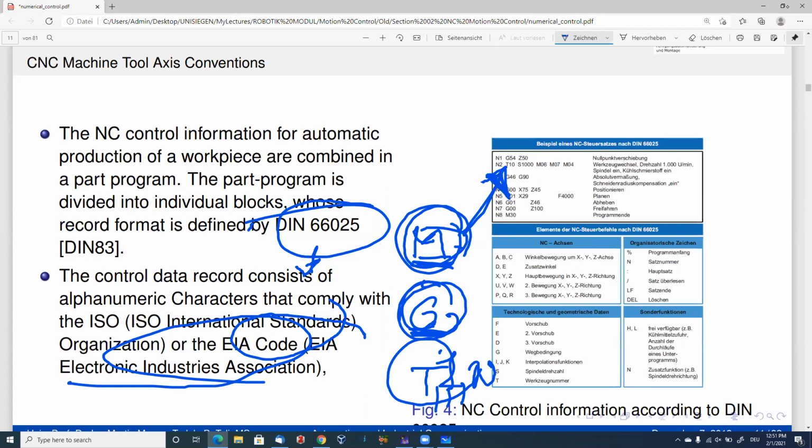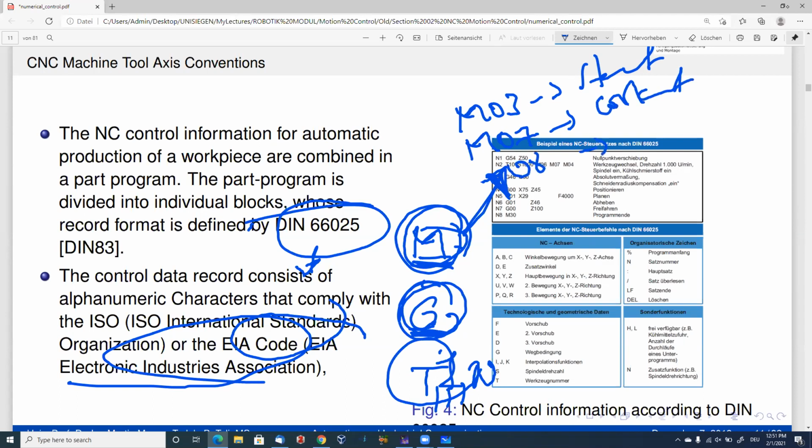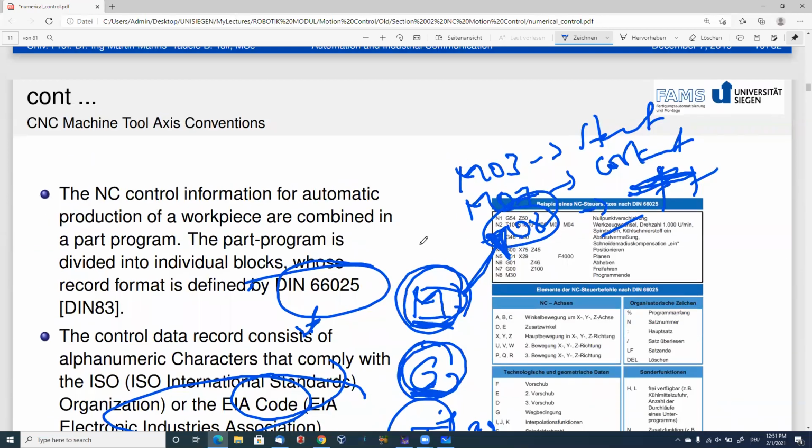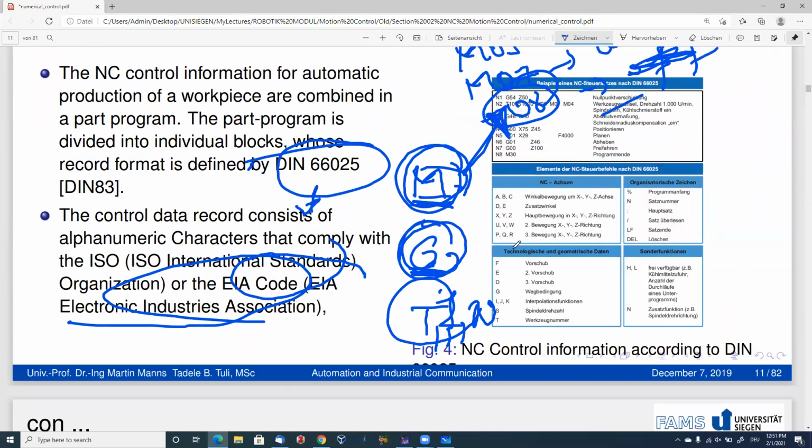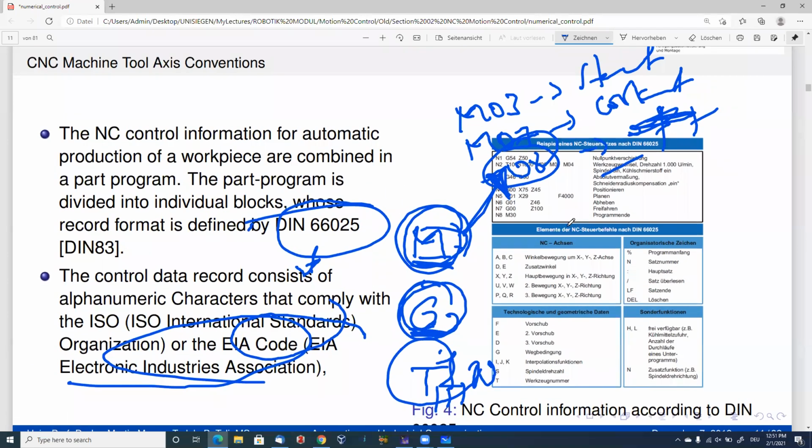You can order any function. M03, for example, starts the program. M07 maybe coolant on, or M08 maybe off, just something like this. I'm not sure if M08 is coolant off, I don't know. But there are such functions. You will see this listed later.